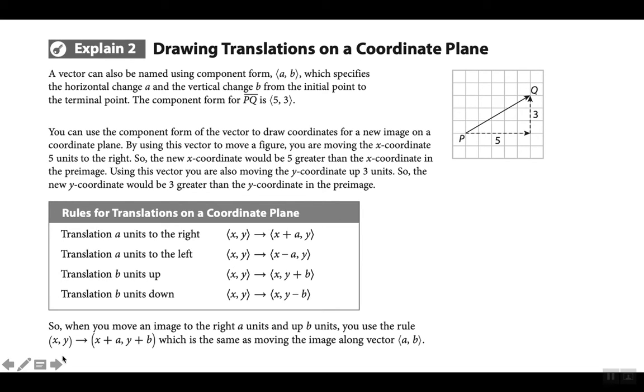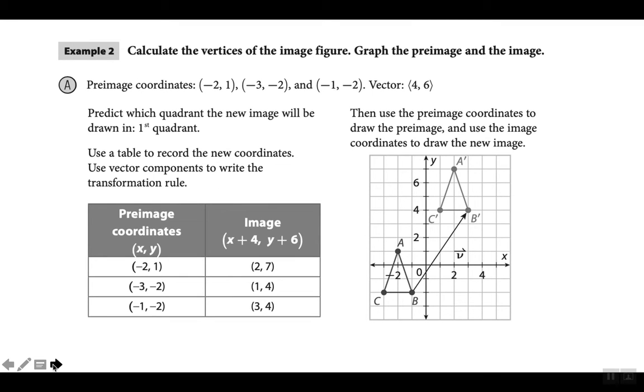Alright, let's look at an example here. Here's our vector. The positive 4 tells me that they want me to add 4 to all the x coordinates. And the positive 6 here tells me that they want me to add 6 to all the y coordinates.